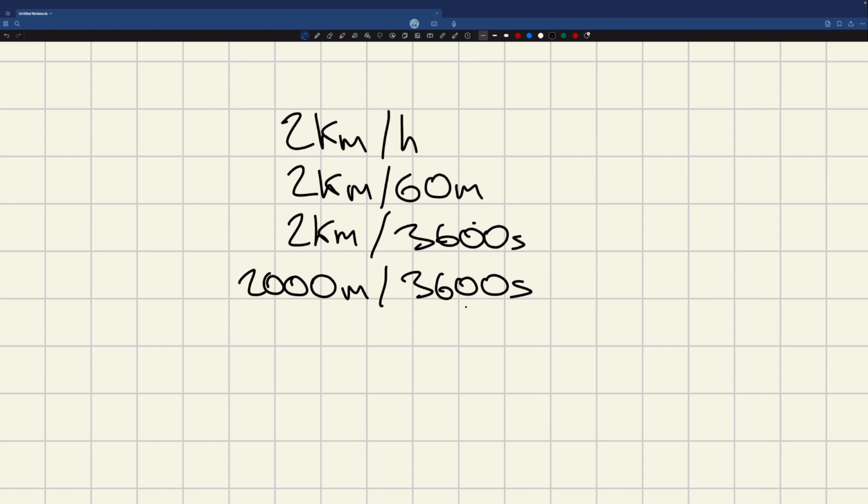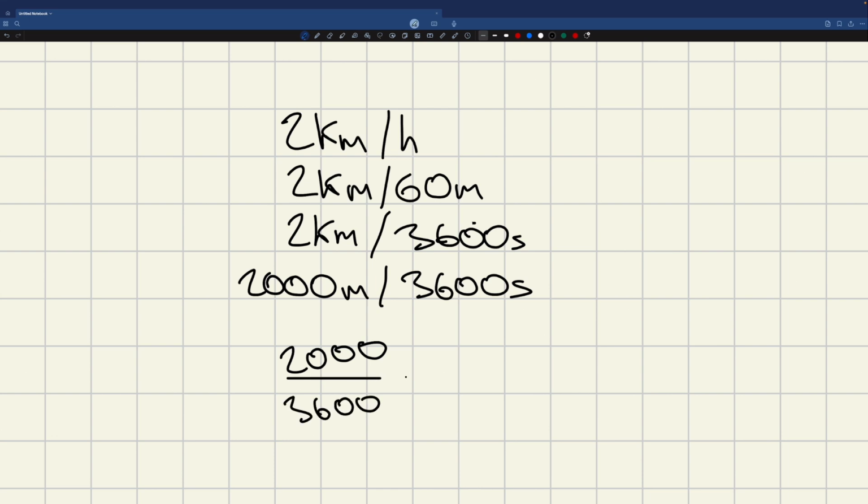Now, because it's meters per second, not meters per an n amount of seconds, what we have to do is figure out how many meters my car is traveling per 1 second. Well, it's pretty intuitive, and you just have to divide the one number by the other number.